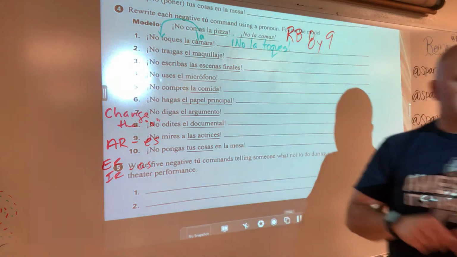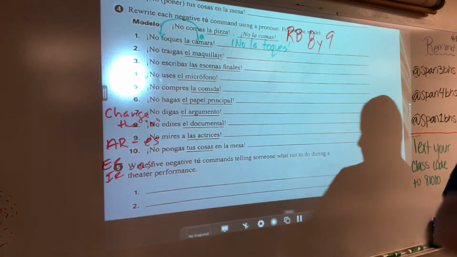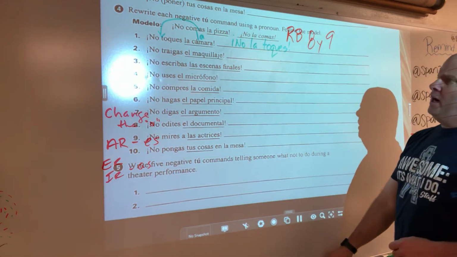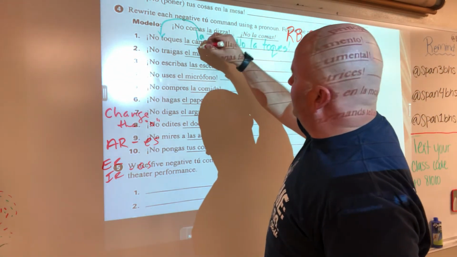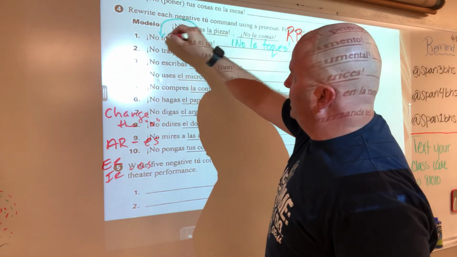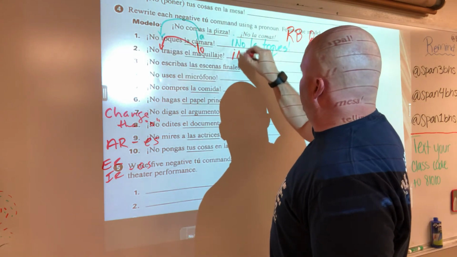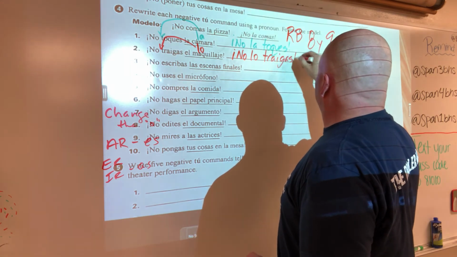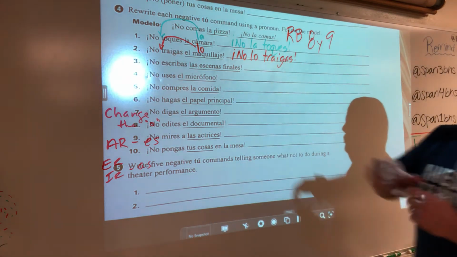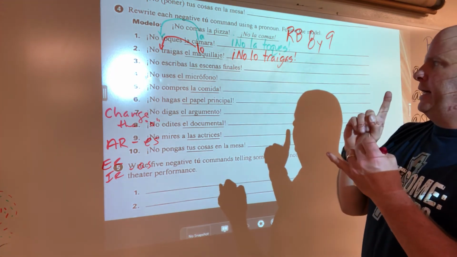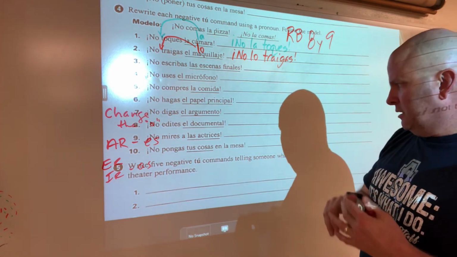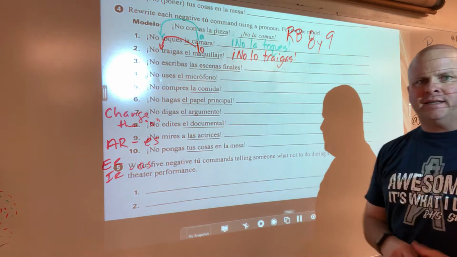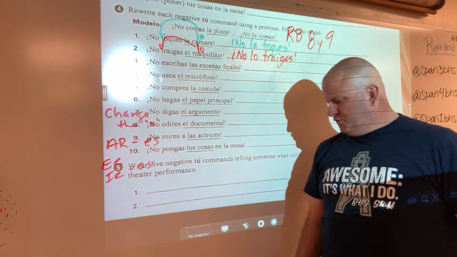El maquillaje is makeup. That will change to lo, but again, we'll move that in front. So it would be no lo traigas. All you have to do is change these to lo, la, los or las, move them in front and rewrite the sentence. It's already in the negative tú command. They just want you to practice moving the pronoun in front.